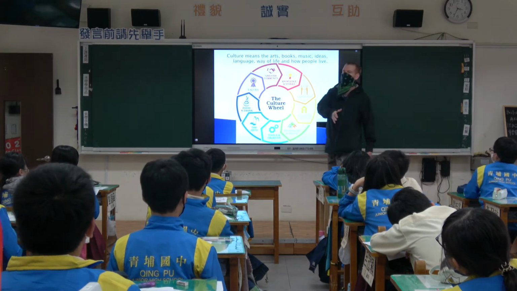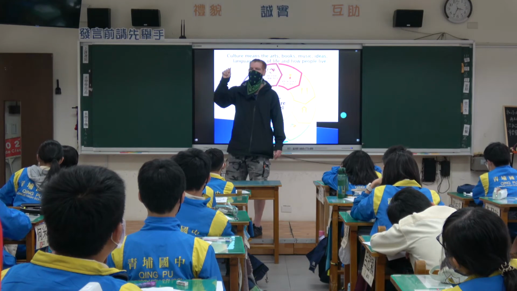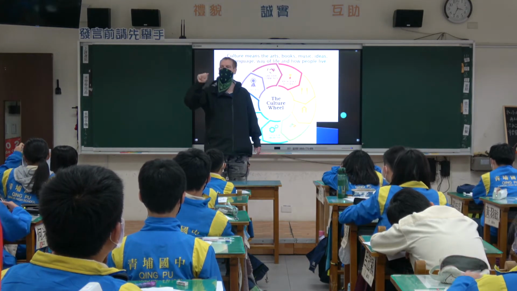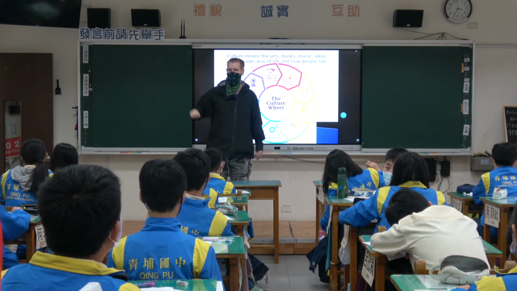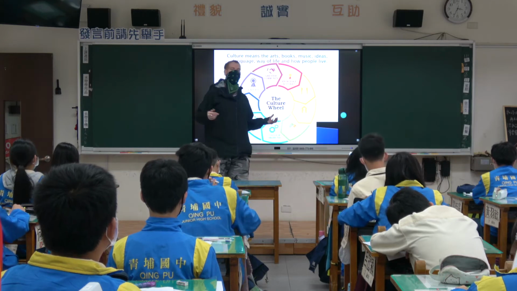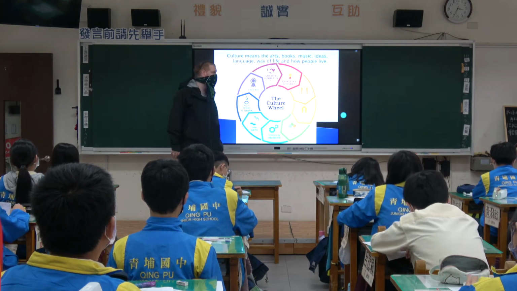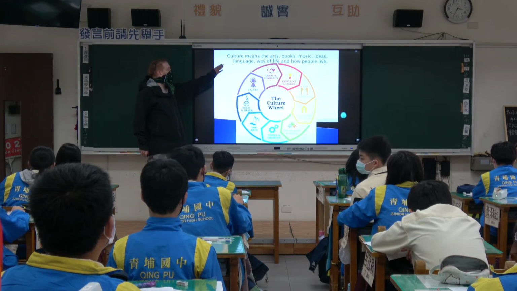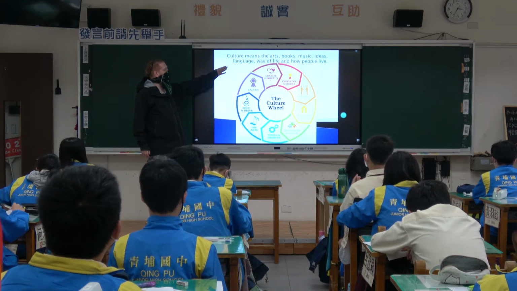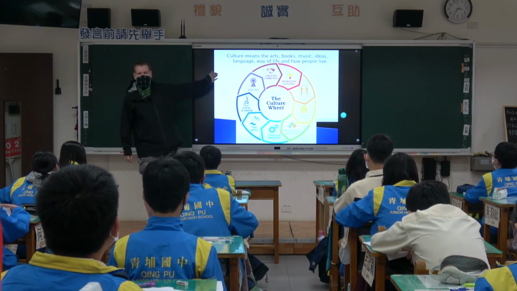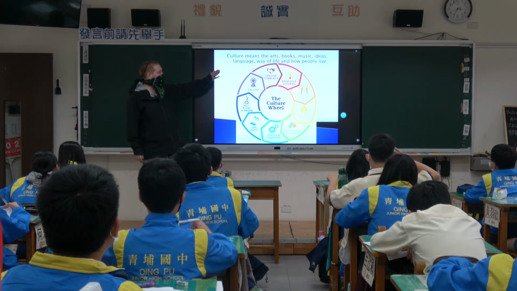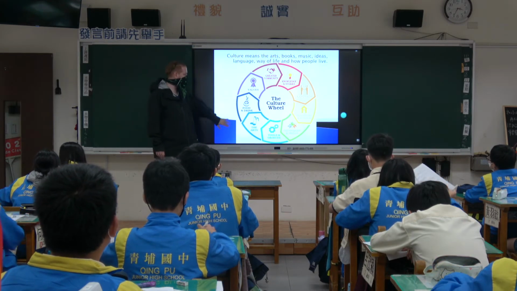Now, on your worksheets, get your highlighter and highlight the key words. Think, what words are important? Culture means the arts, books, music, ideas, language, way of life, and how people live.